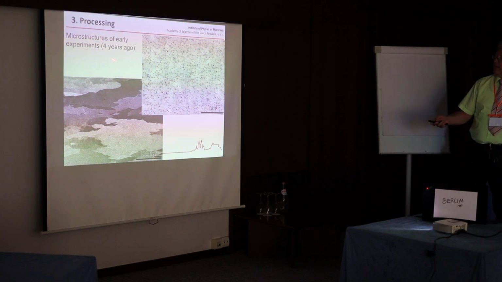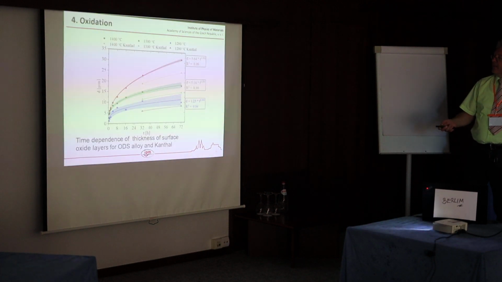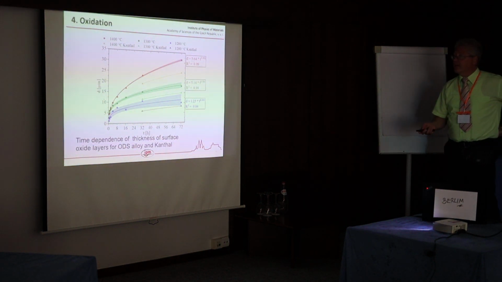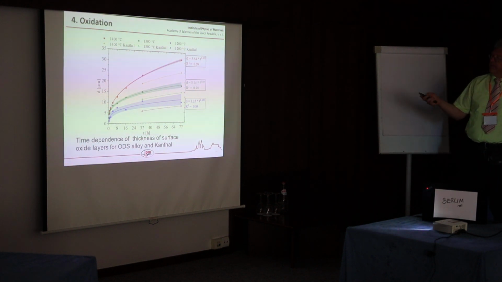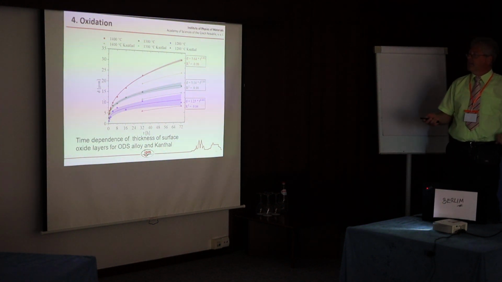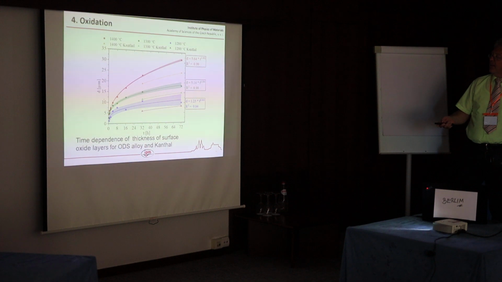So these are the microstructures after rolling. Some early experiments about 4 years ago, and this is the dispersion of the yttrium oxide particles. Our colleagues looked at the oxidation, so this is from their study. You can see they compared Kanthal and our alloy at 1400, 1300 and 1200 degrees.